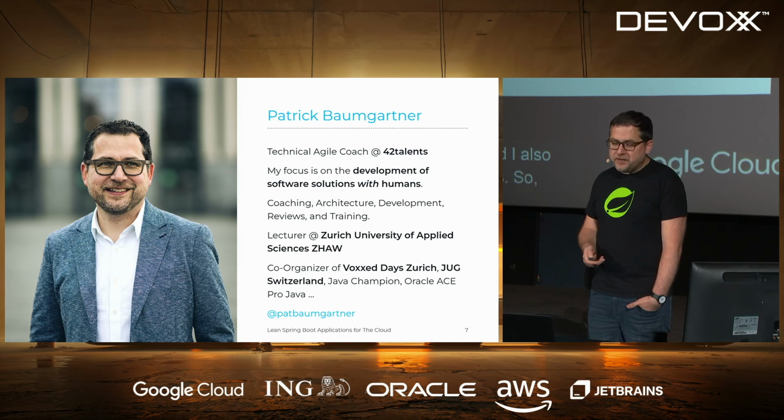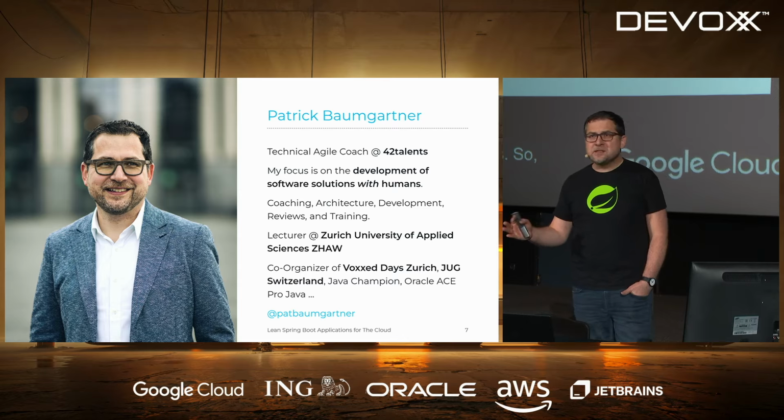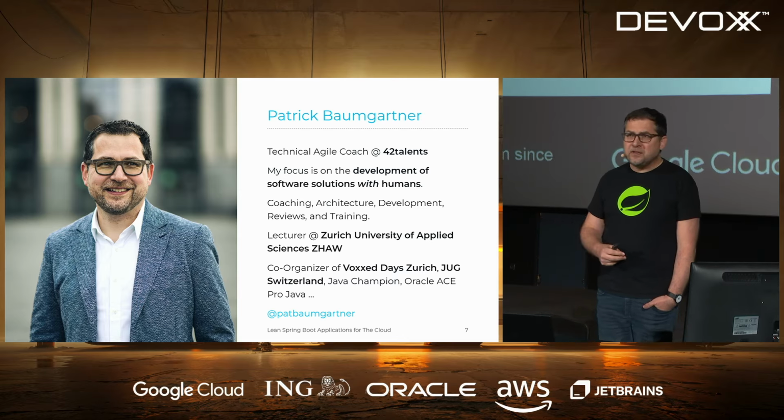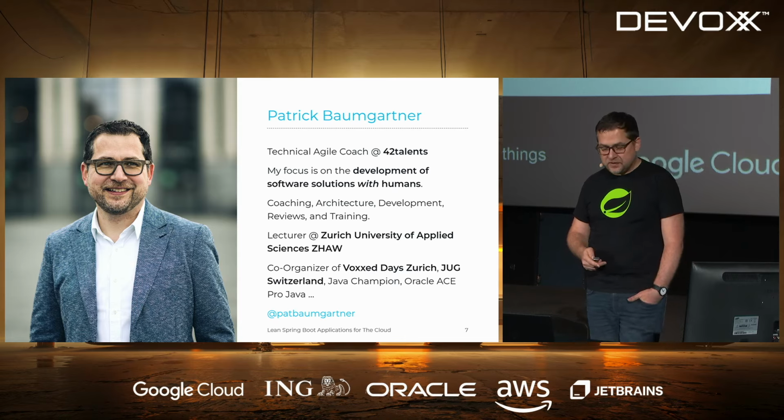So that's basically my background. I've been in the Spring ecosystem since around early 2008, so it's quite a while. Over time, of course, I gained quite a lot of knowledge and experience in the field, with Spring Boot and all these other fancy things from the Spring ecosystem.